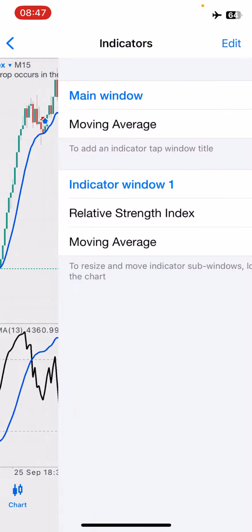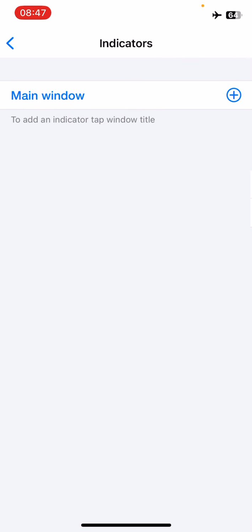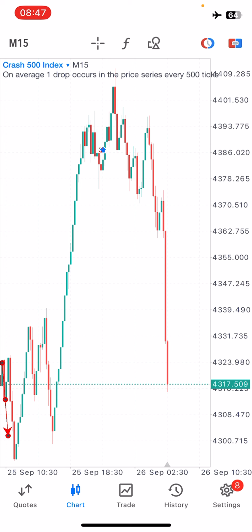Let me remove everything that you see on my screen, and as you can see, I'm left with a blank chart. Currently we are on Crash 500, and this strategy works on all Boom and Crash indices, be it Boom 300, Boom 500, Boom 1000, or Crash 300, Crash 500, or Crash 1000.